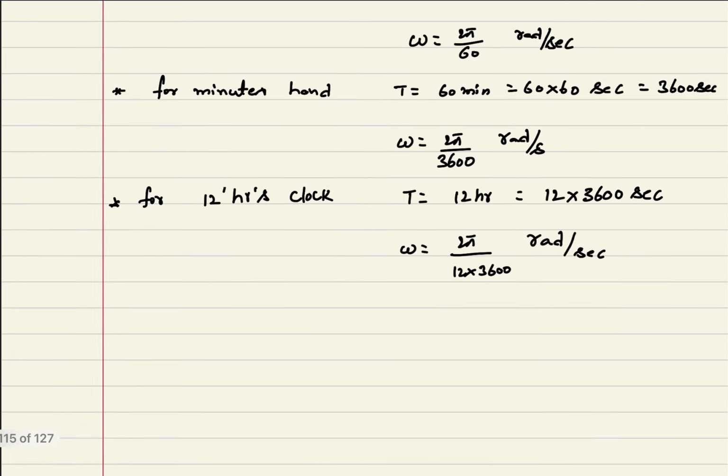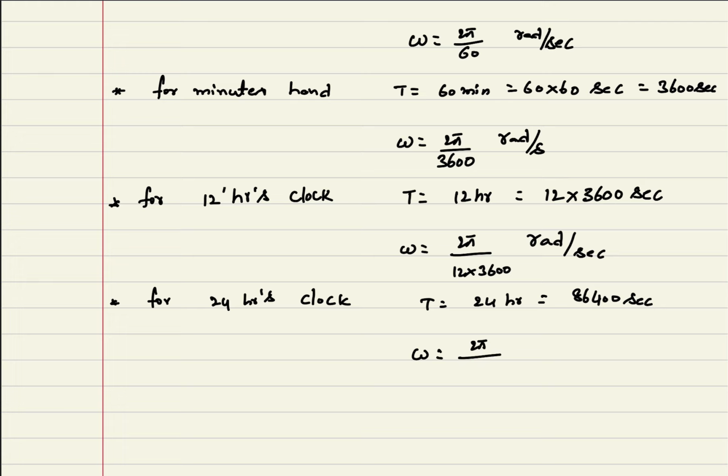Similarly, for the 24 hours clock, we can write time period is equal to 24 hours, that is 86,400 seconds. We can write omega value is equal to 2 pi by 86,400 radian per second.